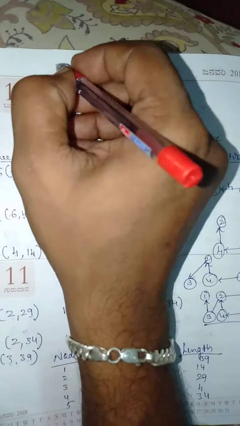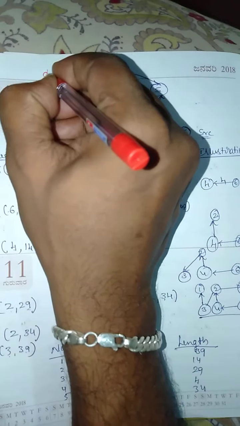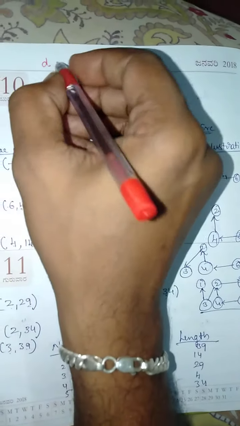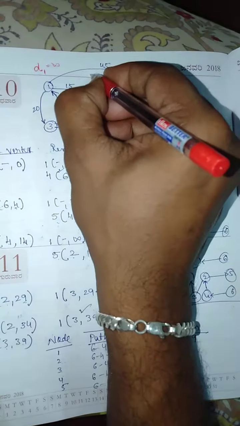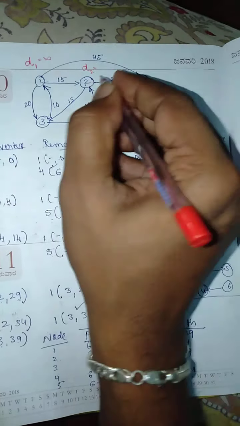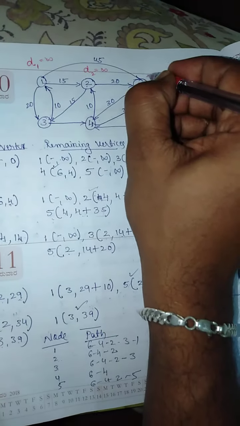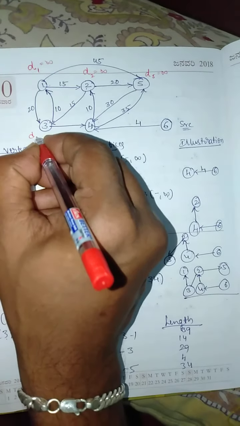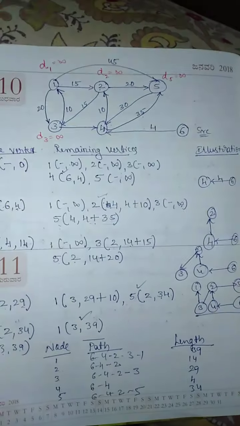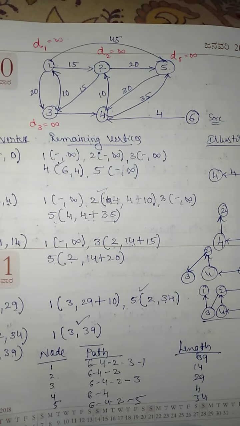We assigned the distances to all the other nodes. Distance to node 1 from the source is infinity. Next, distance to node 2 is infinity. Distance to node 5 is infinity. Distance to node 3 is also infinity, because there is no direct edge.